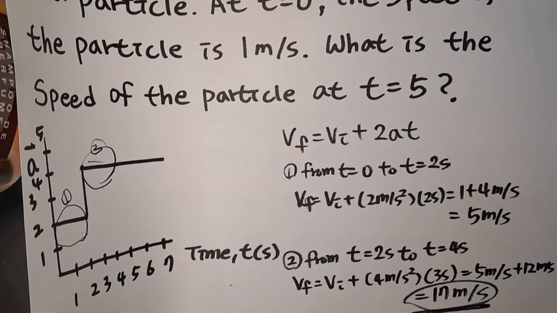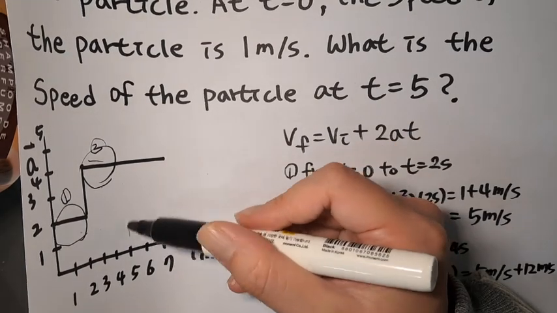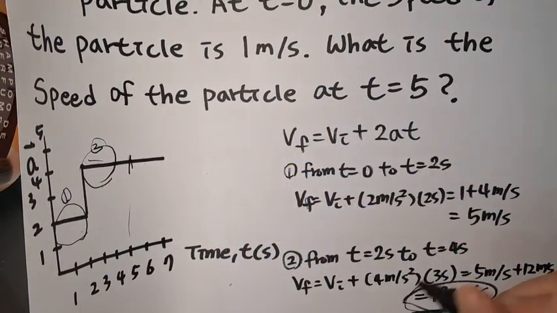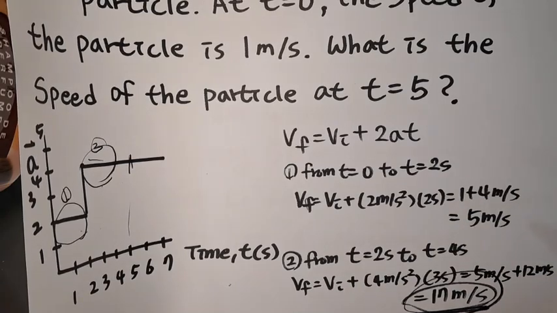So the speed of the particle at time 5 is going to be 17 meters per second.